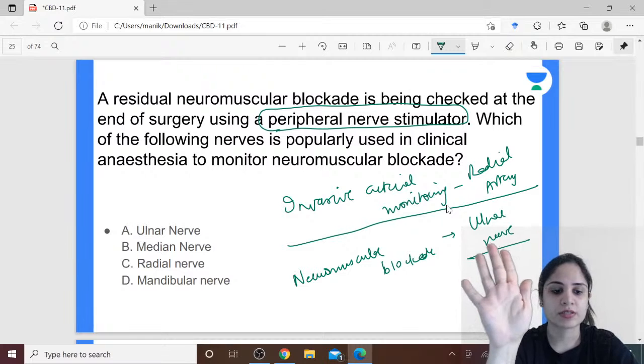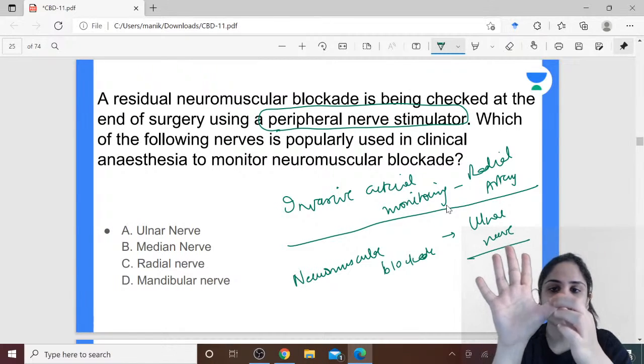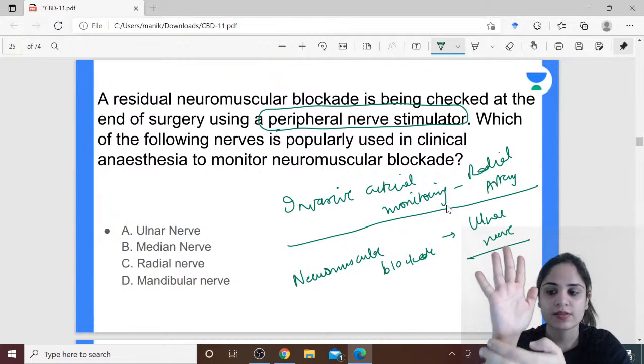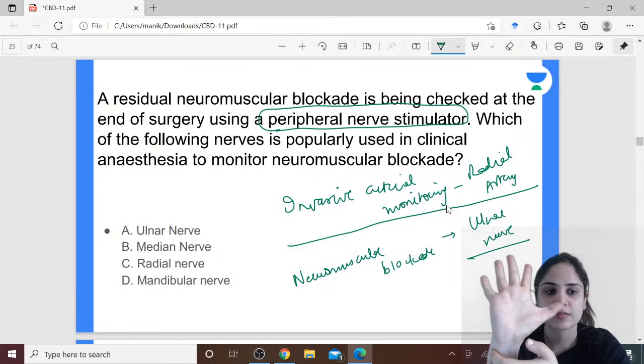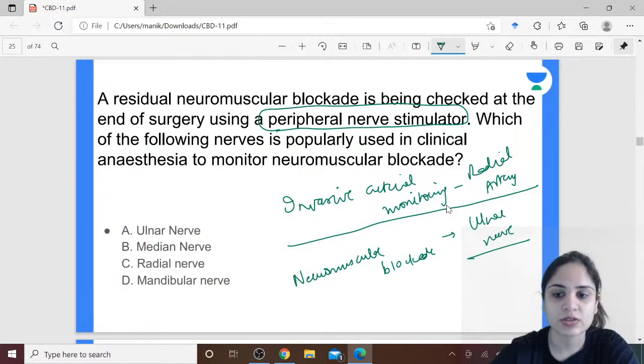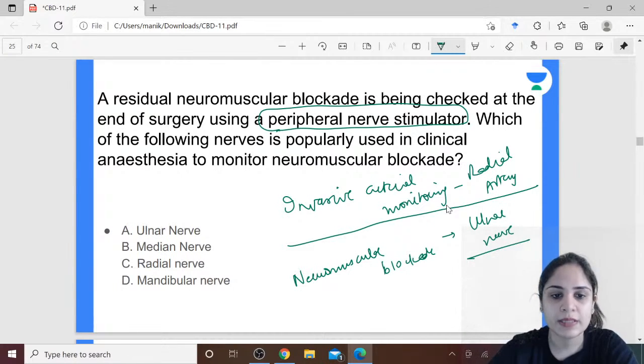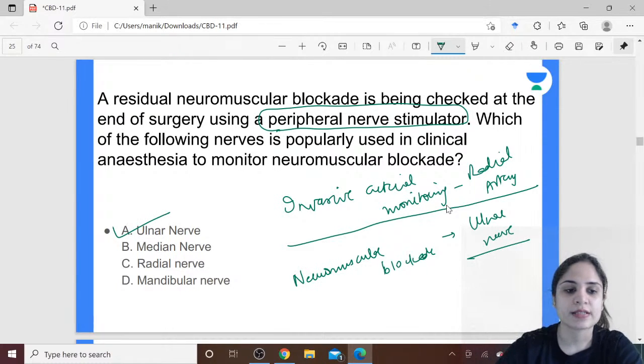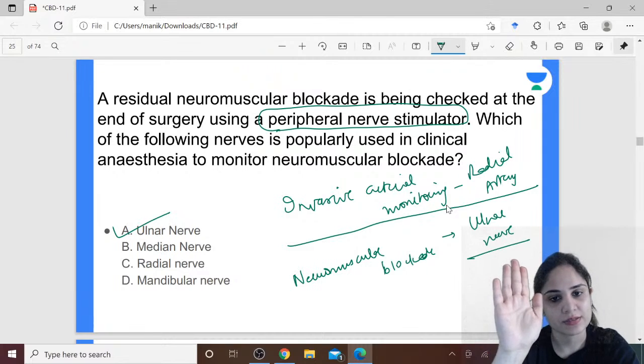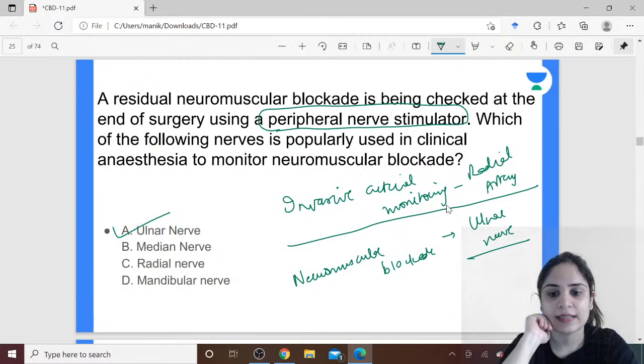The adductor pollicis muscle is the one that moves the thumb inside like this. So I give an electrical stimulus over here, and the adductor pollicis muscle will move inside. So you will be able to stimulate your ulnar nerve, and you can say that the action of the muscle relaxant is over. Okay, so that is your neuromuscular blockade check.